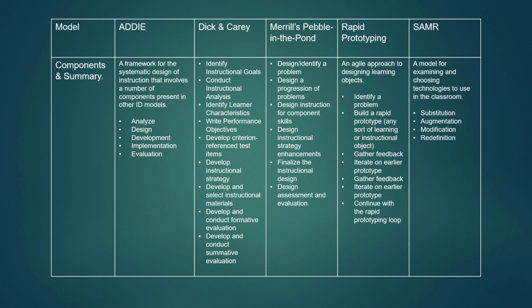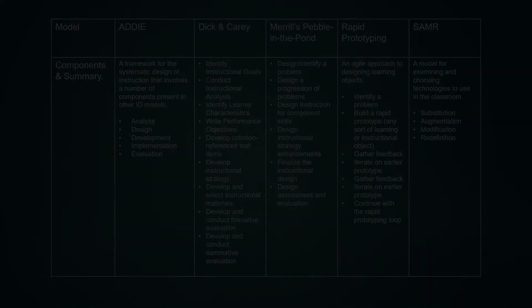They're just executed in a different way. Other instructional design models could apply to traditional in-person instruction, the design of learning objects, and e-learning. But SAMR is distinct because it is designed to help evaluate and choose instructional technology. That is its sole focus.